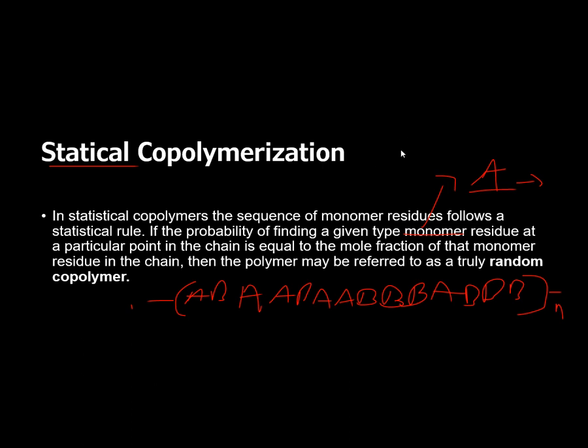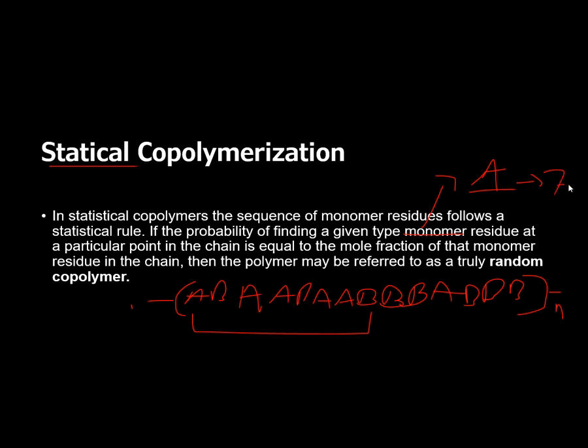If that holds for the monomer residue in the chain, then the polymer may be referred to as a truly random copolymer. So according to the statement, let's say the monomer mole fraction value matches our example: 1, 2, 3, 4, 5, 6, 7.